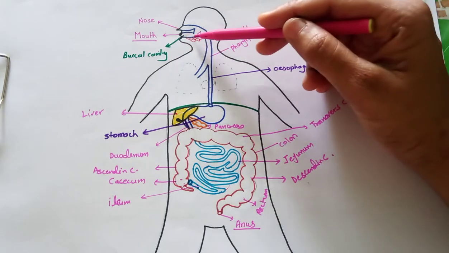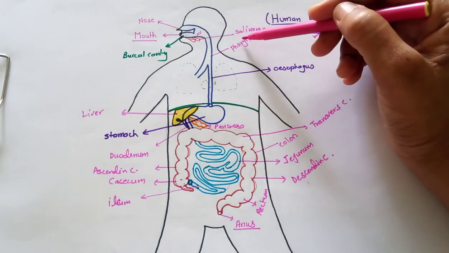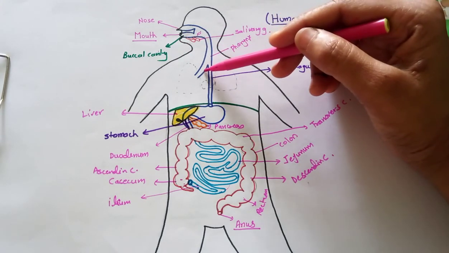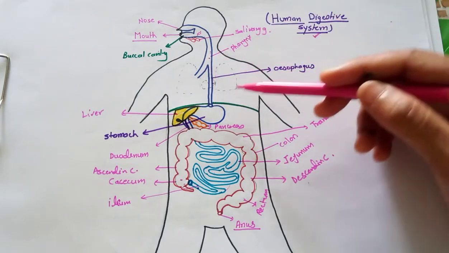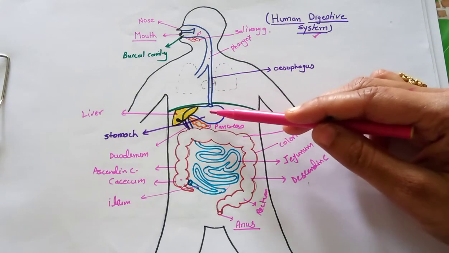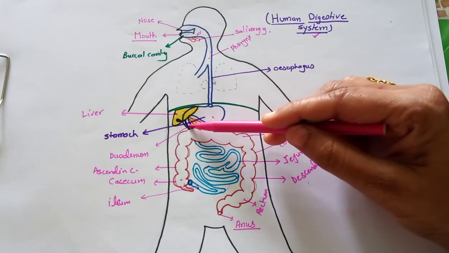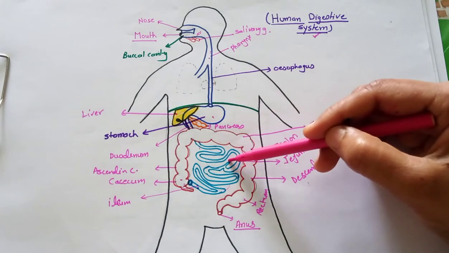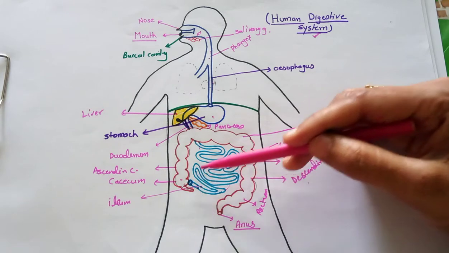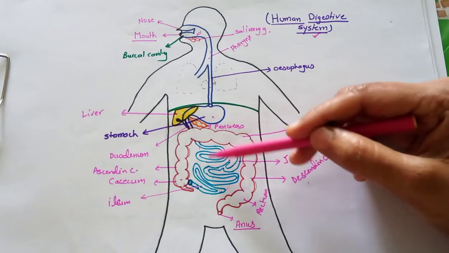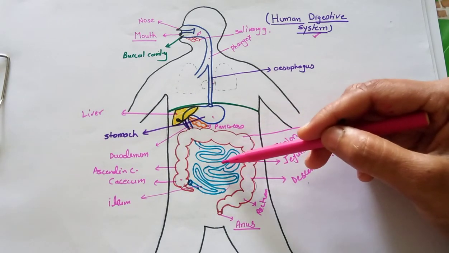It enters the buccal cavity. Here your three pairs of salivary glands are present. It enters your pharynx, then your esophagus, then the stomach, then the C-shaped structure, that is the duodenum, then the jejunum, then the ileum. Duodenum, jejunum and ileum, these three parts are called your small intestine.